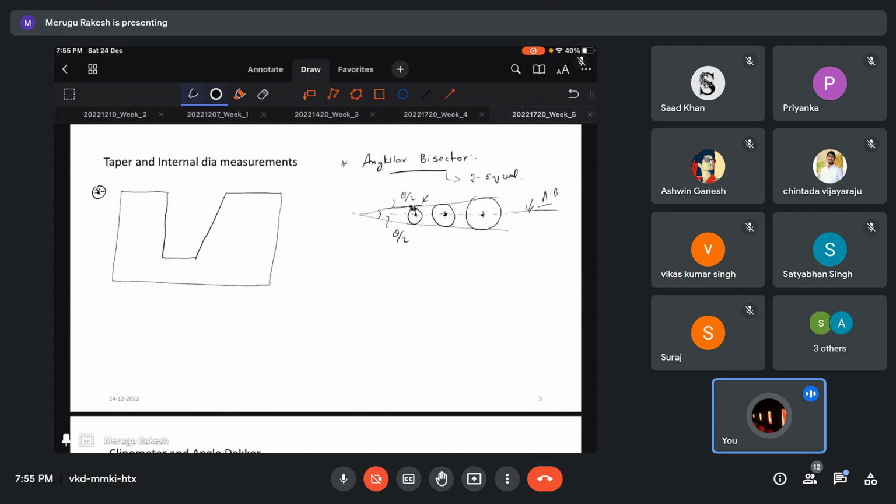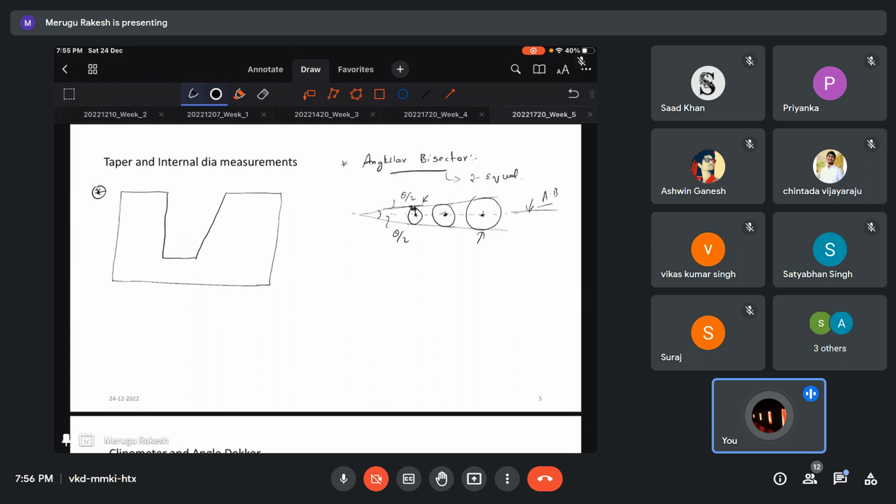In that scenario, we have standard balls. With the help of these standard size balls and the dial gauges, we can measure the heights as well as the contact points, and by applying some trigonometric equations we can directly find the taper angle.